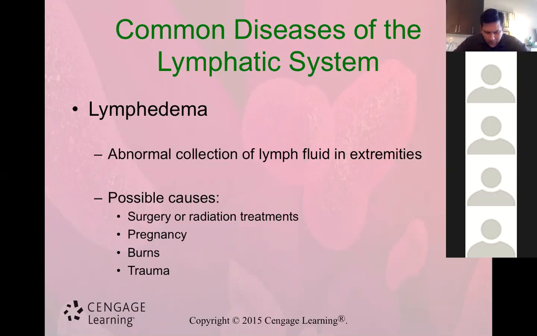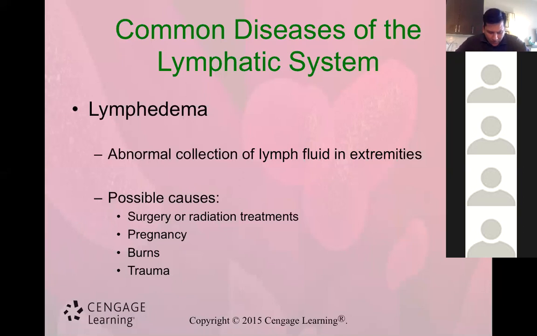Surgery or radiation treatment for cancer, especially breast and testicular surgeries. Breast cancer surgery, mastectomy, and radiation can lead to a chronic lymphedema of the arm on the affected side. About 30% of all post-mastectomy patients are affected by lymphedema.